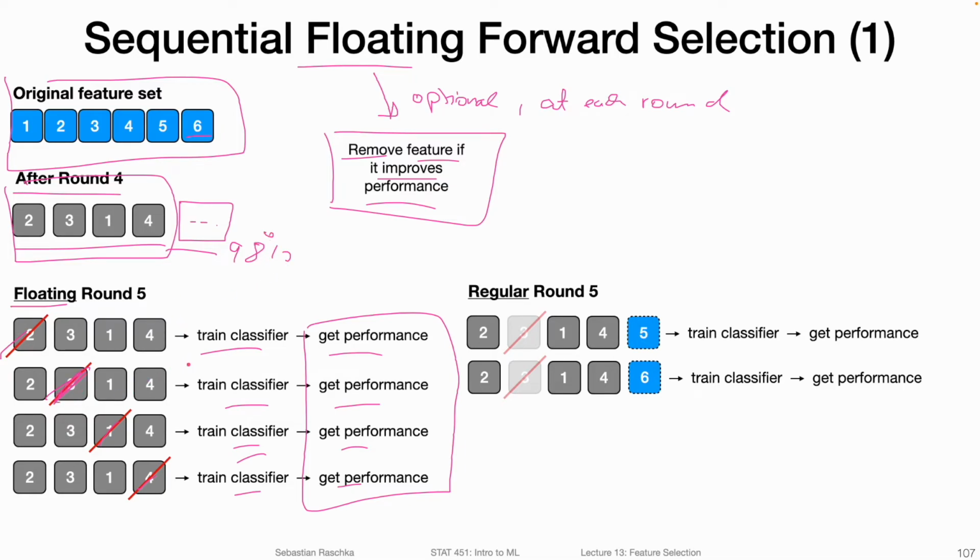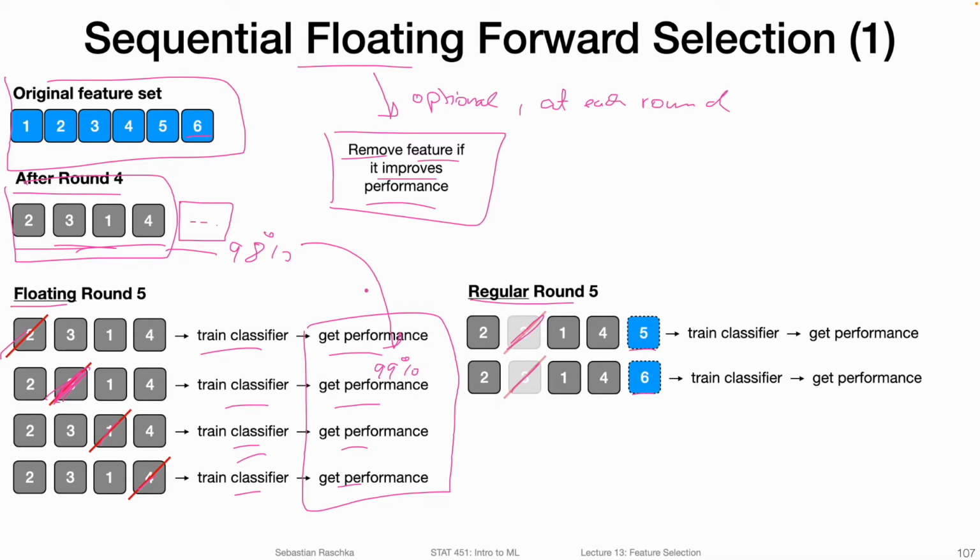If removing feature 3 results in 99% accuracy, we would remove feature 3 permanently at this step and then carry out a regular round 5 here, again adding a new feature, but now with feature 3 removed. But we only do that if it improves the performance compared to the previous round.